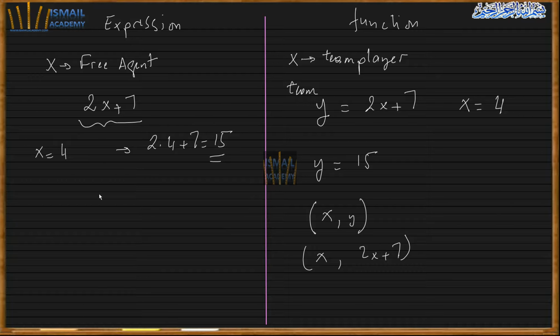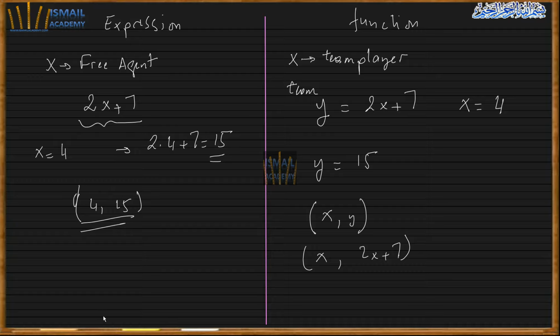But for an expression, I cannot name it like this, 4, 15. Why? Because this is not the output of this. It's just a number. That means they're not related. So that's the difference.